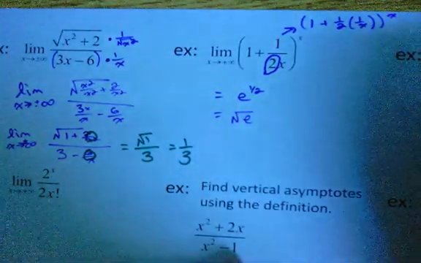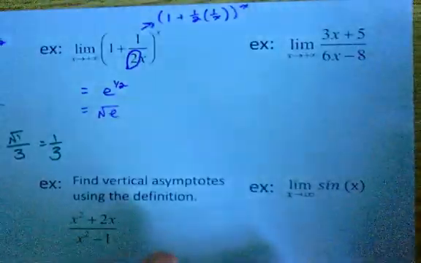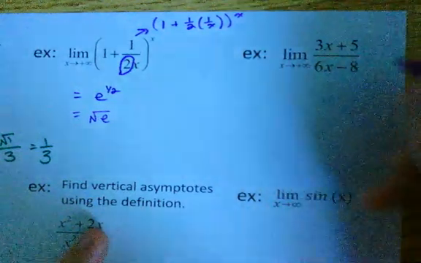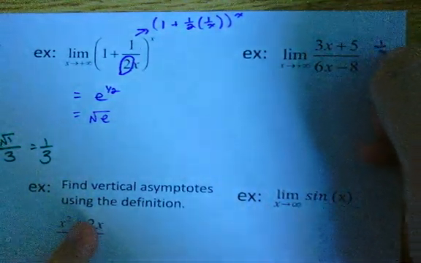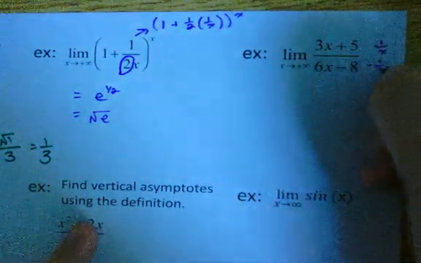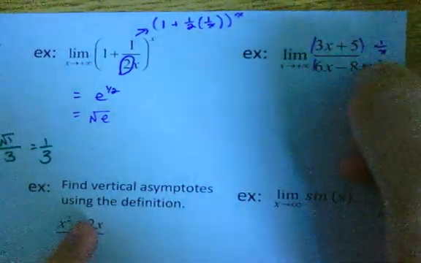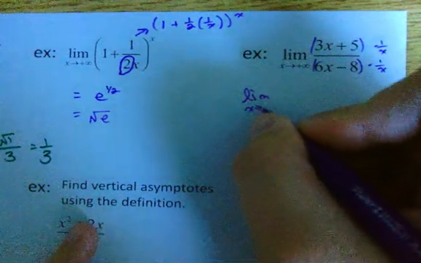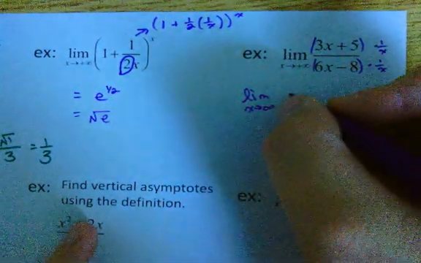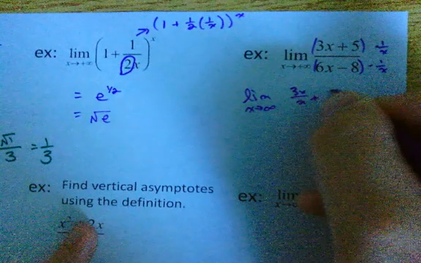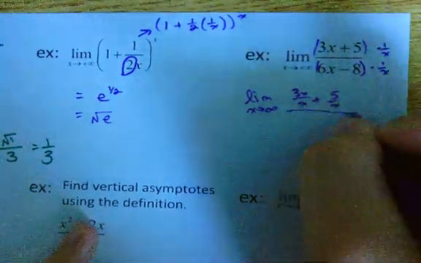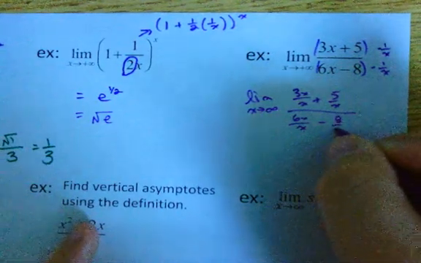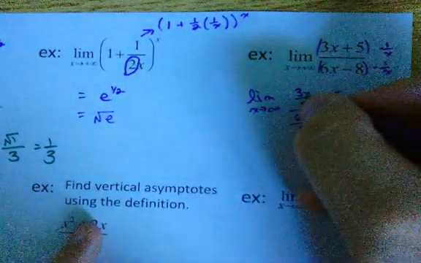Next example. This one looks just like the first one we did, except it's a little nicer because there are no square roots. The highest power on the top and bottom is going to be x, so I multiply top and bottom by 1 over x. This gives me 3x over x plus 5 over x, all over 6x over x minus 8 over x.